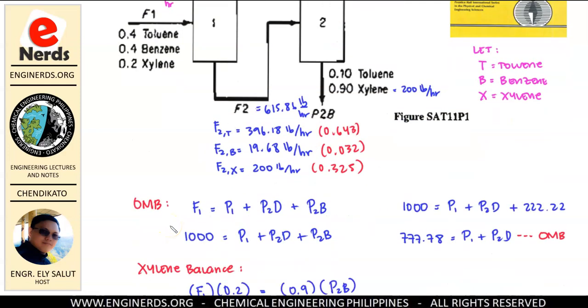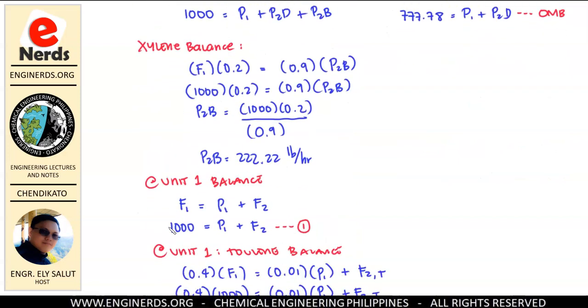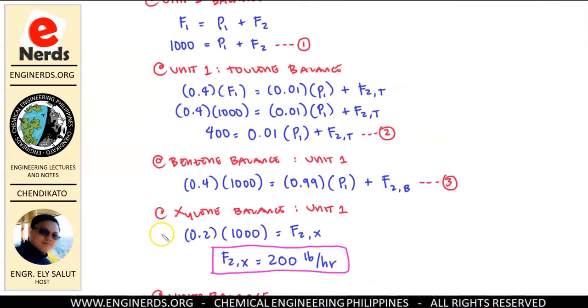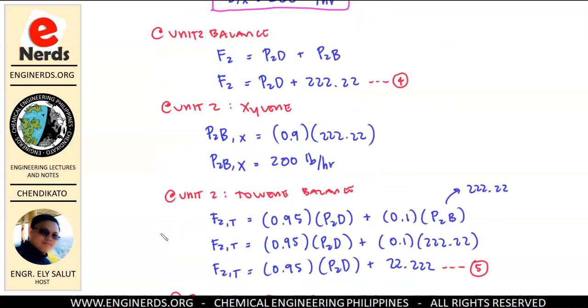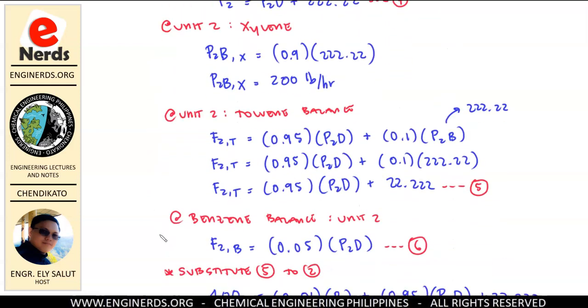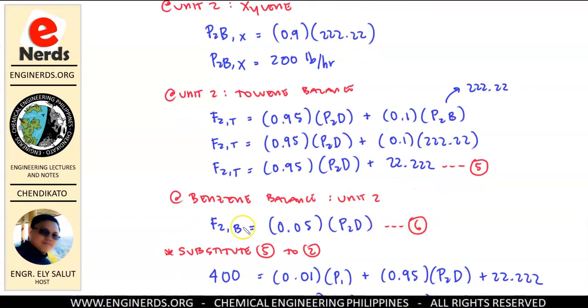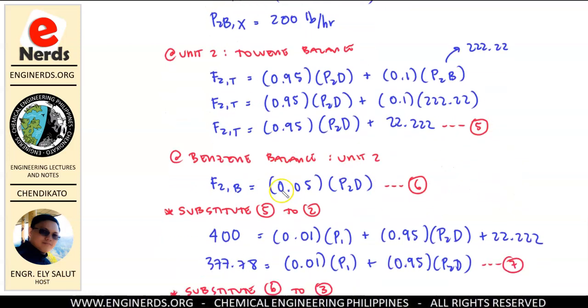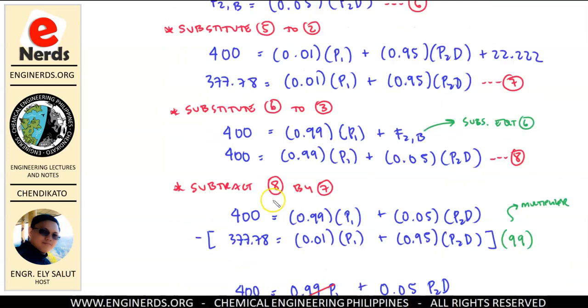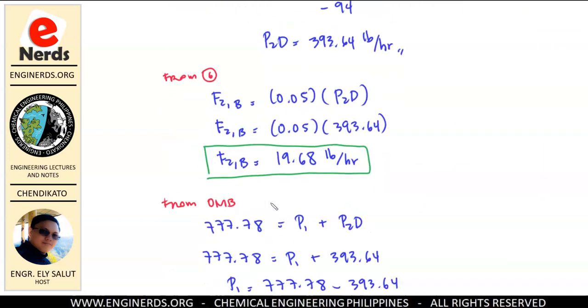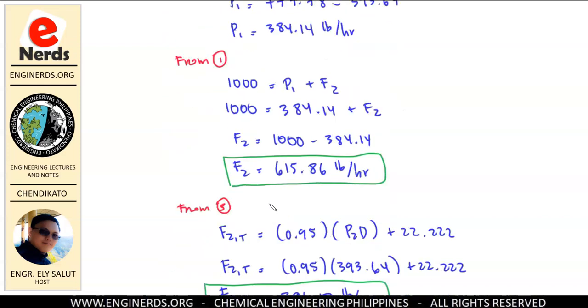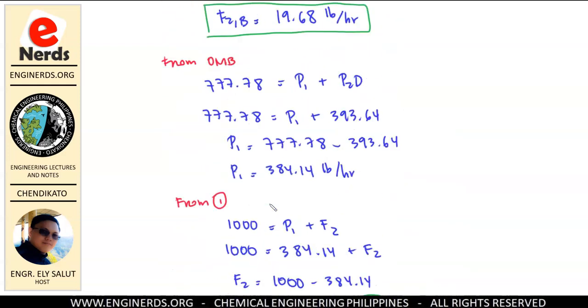Okay, so medyo mahaba yung ating solution dito. And this is really an interesting problem because you will be applying a lot of substitution, and that is why I have assigned many equations here para madali natin silang ma-recall. So medyo mahaba siya, pero this is really how to calculate a multiple units material balance problem, no?